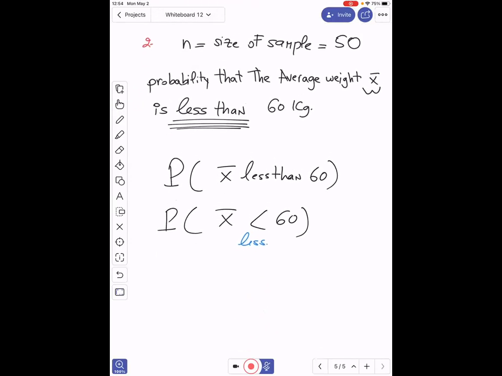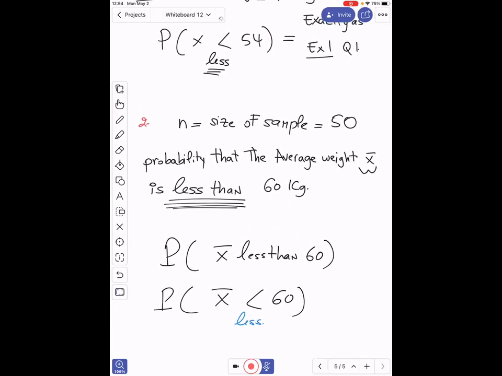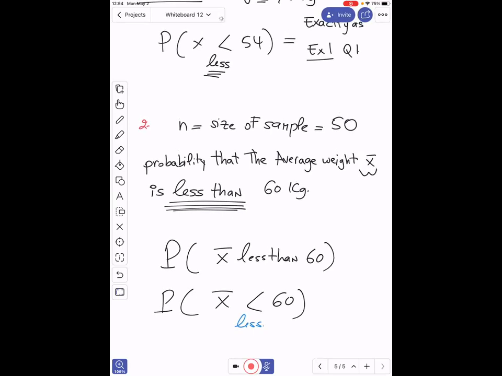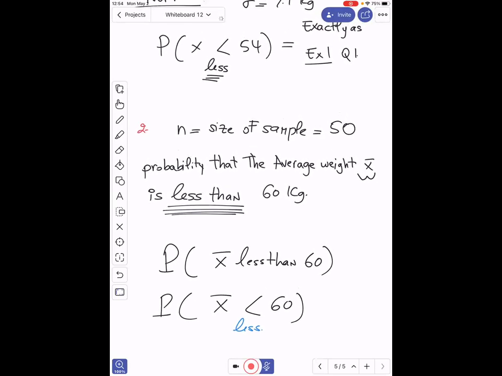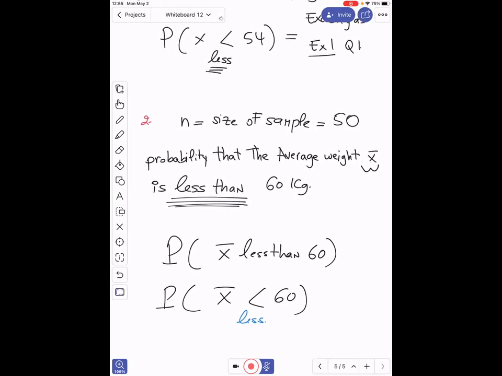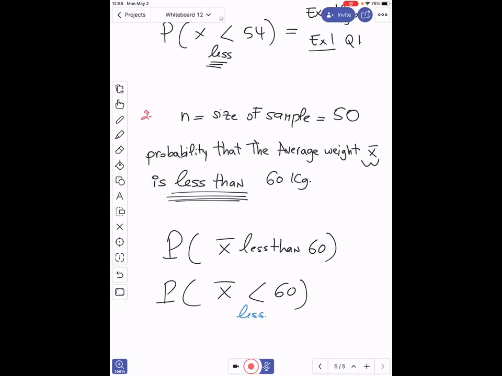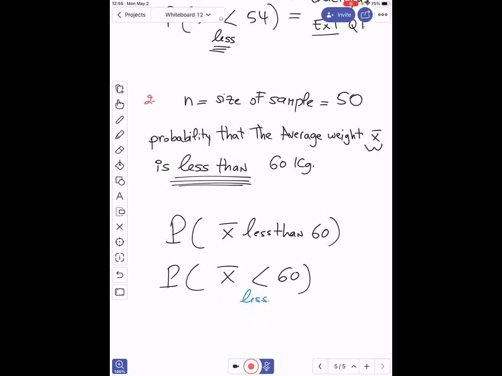We need to convert anyway, because we're talking about normal distribution. It says X has a distribution that is approximately normal. When we talk about normal distribution, at some point you need to convert your variable to Z. But here we're not talking about X, we're talking about X bar.